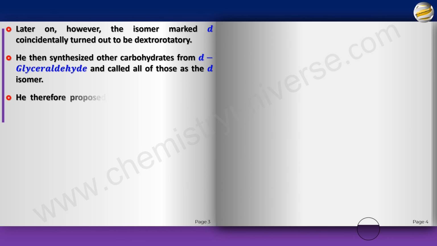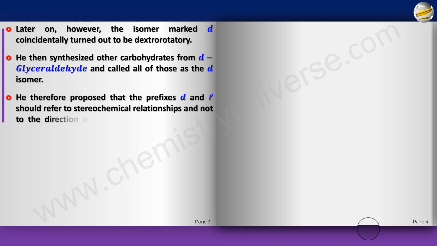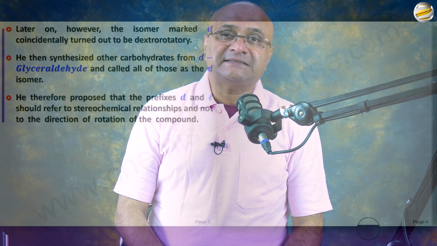He therefore proposed that the prefixes D and L should refer to stereochemical relationships and not to the direction of rotation of the compound. So for him, as I said, the actual rotation of the compound was not important. What he wanted to say was that anything synthesized from D should be D, anything synthesized from L is L. So these represent stereochemical relationships.